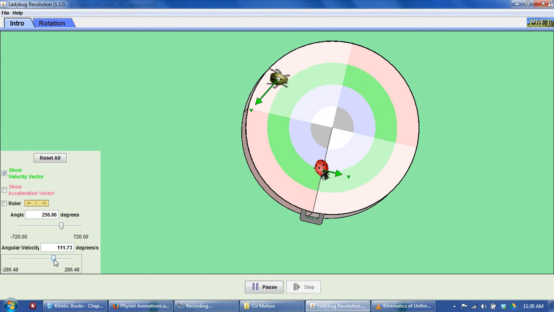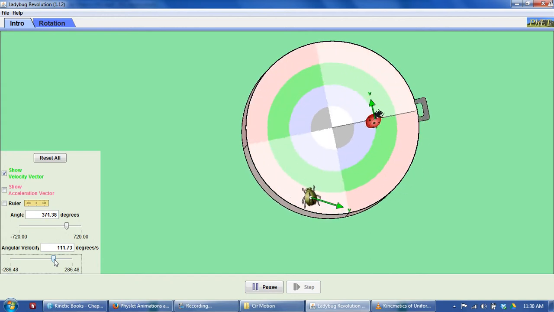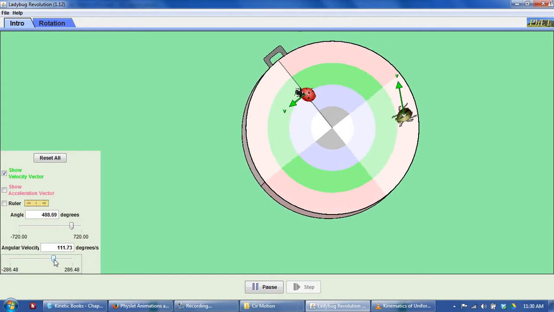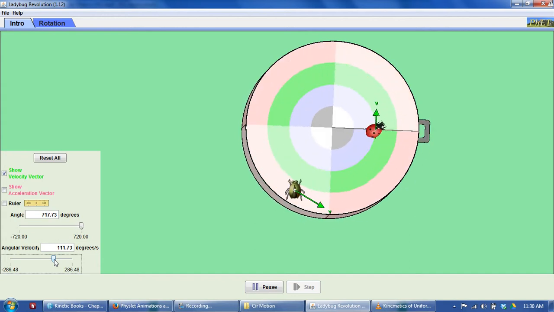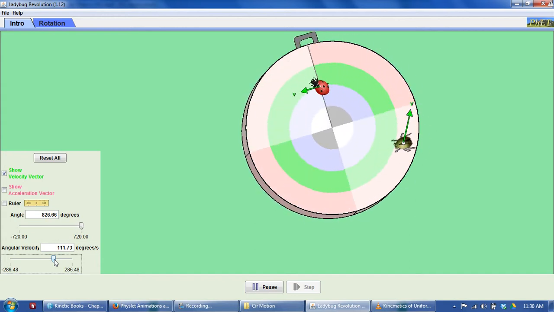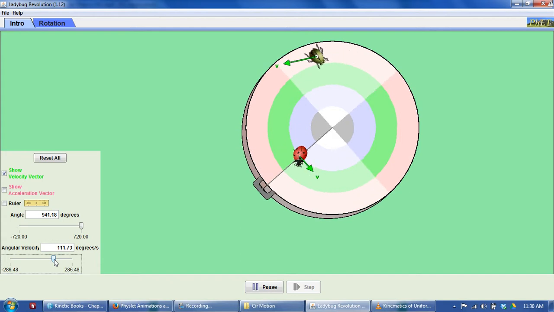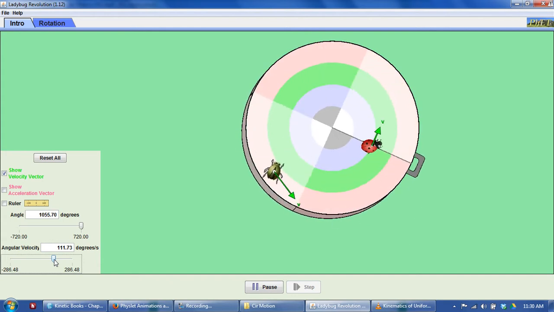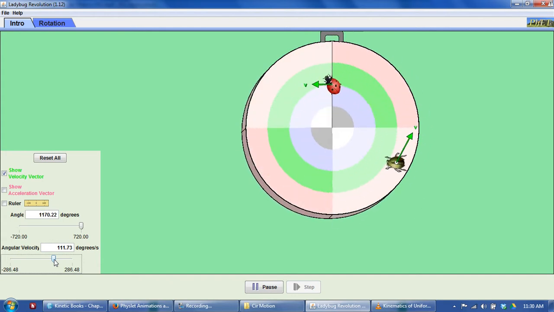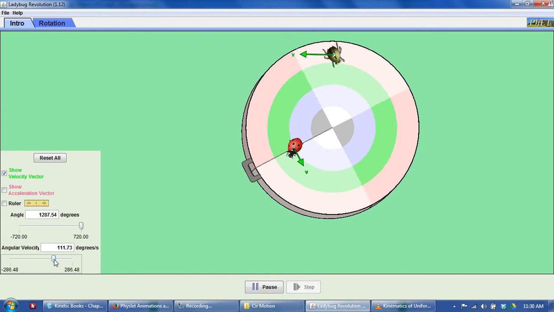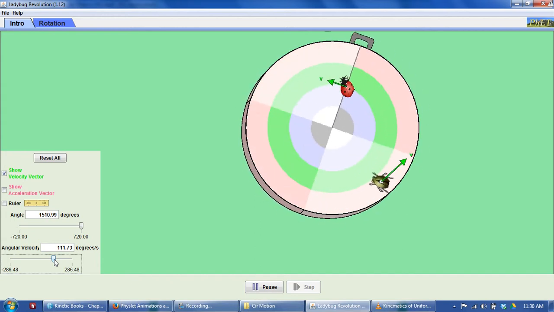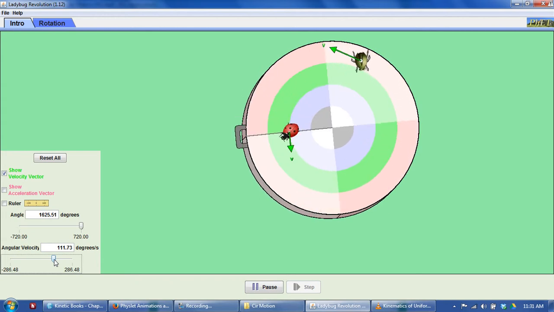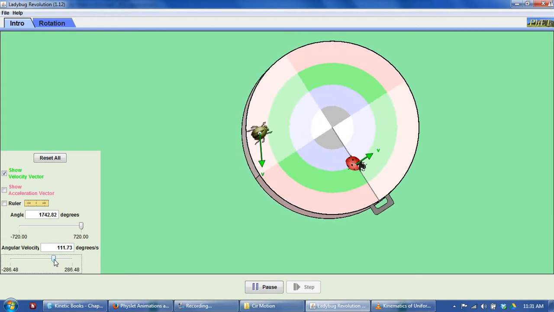They are tangent to the circle, but the green bug's velocity vector is larger than the ladybug's because he is further out on the circle, and thus has to have a greater velocity because they have to share that common time. They both have the same amount of time to get around that circle once. The green bug has to travel a longer distance, so it has to have a higher speed.